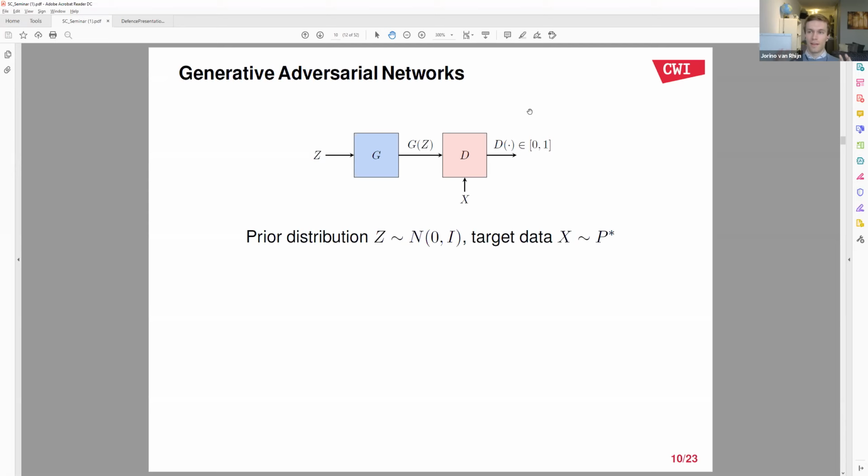It is basically a soft classifier that gives a score between 0 and 1 about whether it thinks that a sample it receives belongs to the true data set, or whether it came from the generator.